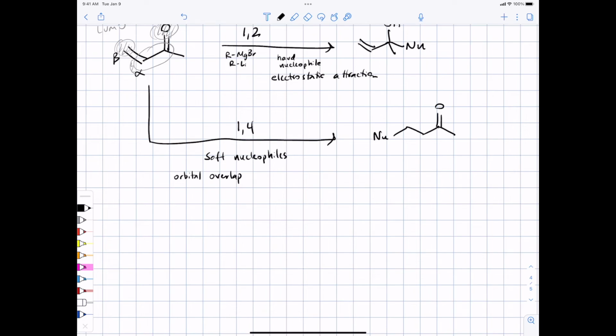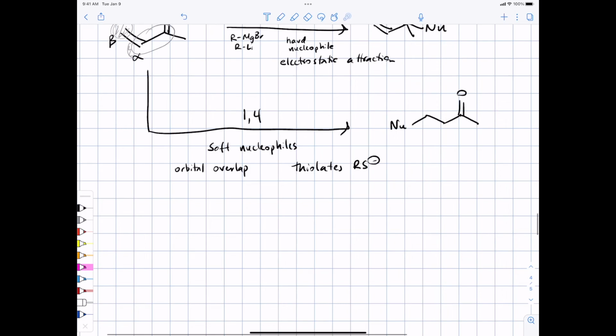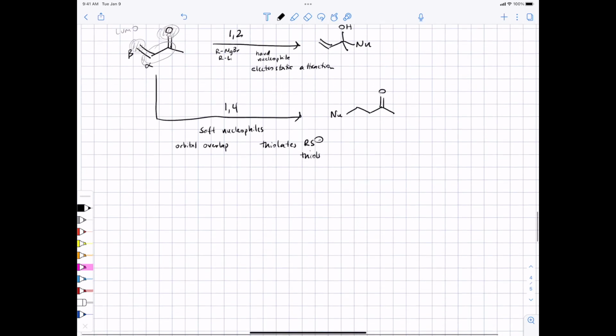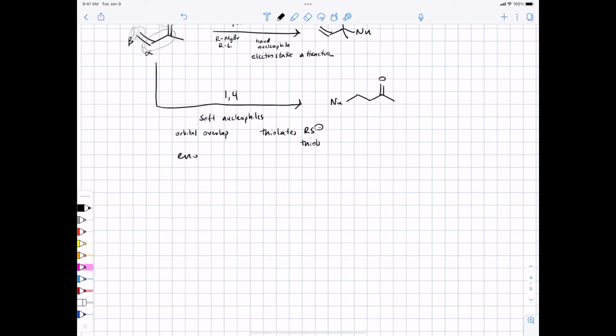So you're looking for soft nucleophiles like thiolates. This is important in chemical biology and biochemistry. You can selectively modify cysteines with alpha beta unsaturated carbonyl compounds.